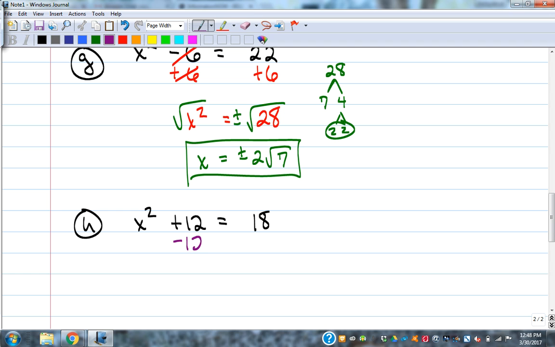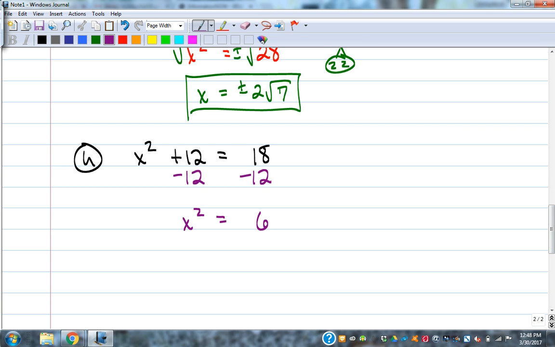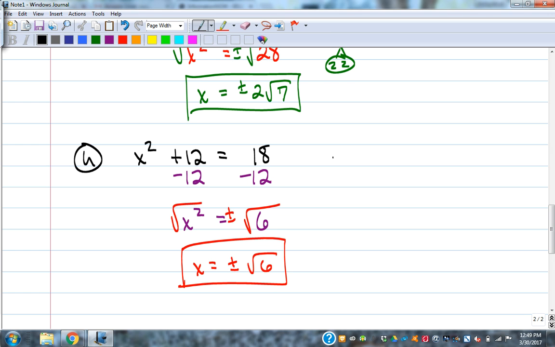So we're minusing 12. That's x squared equals 18 minus 12, 6. And then what? Break it down with the square root. Does 6 break down? No. So we're going to leave it. Plus or minus the square root of 6.